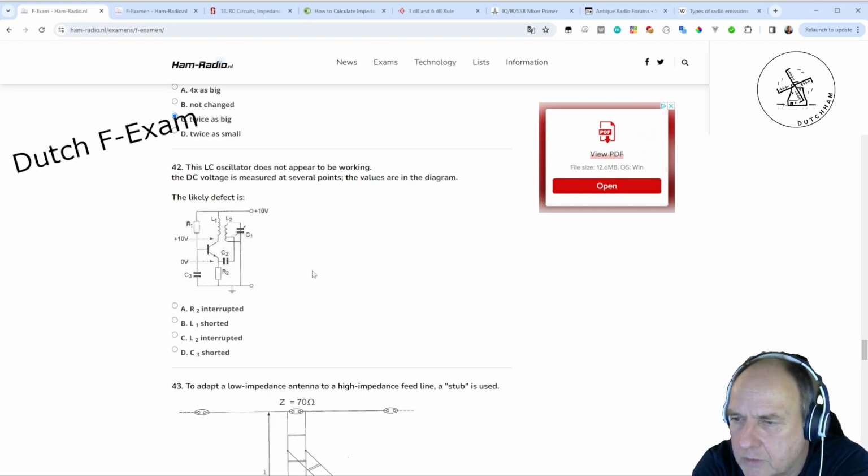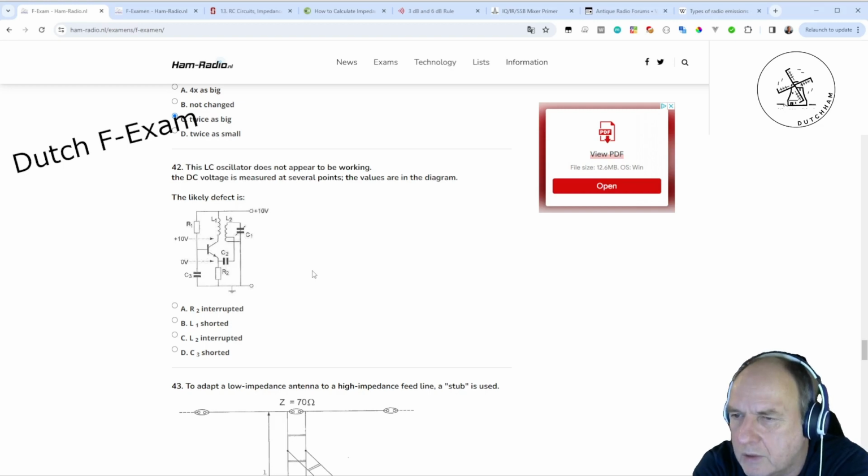And the options are: R2 is interrupted. That cannot be, because then the emitter will be floating, and now it is grounded by R2.